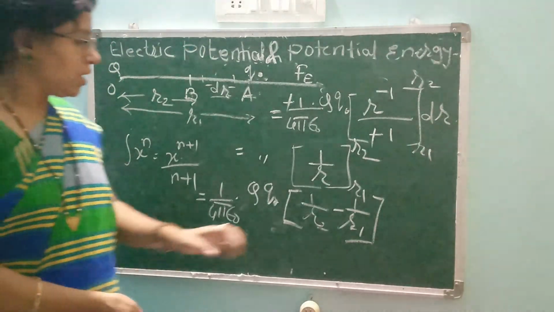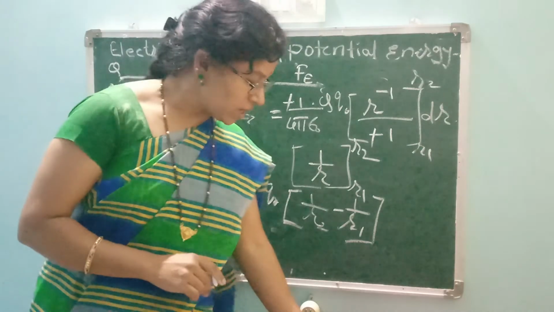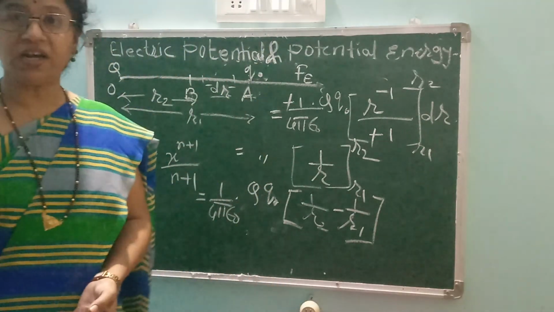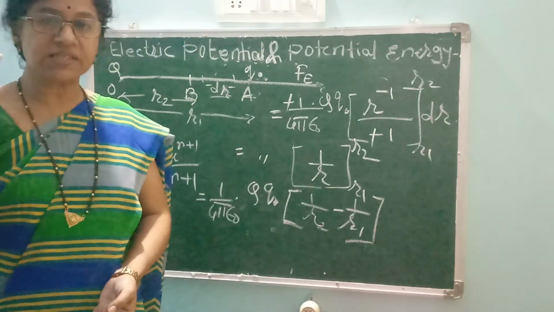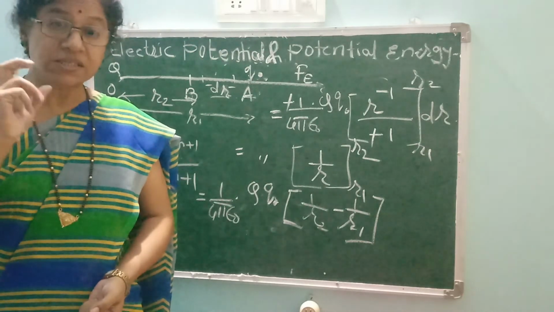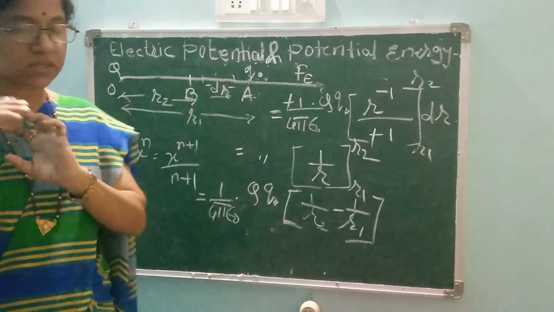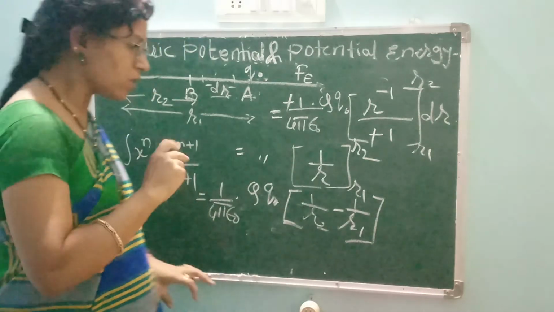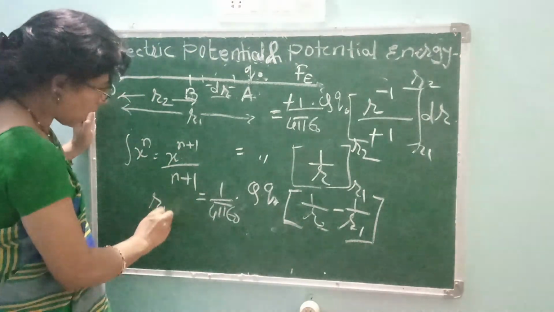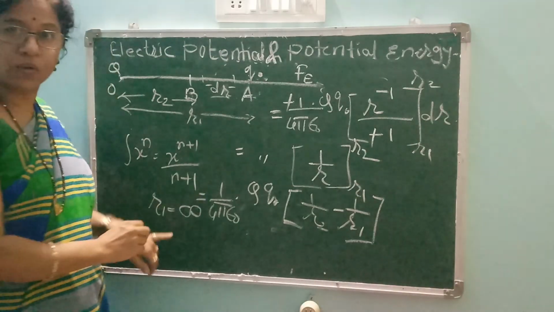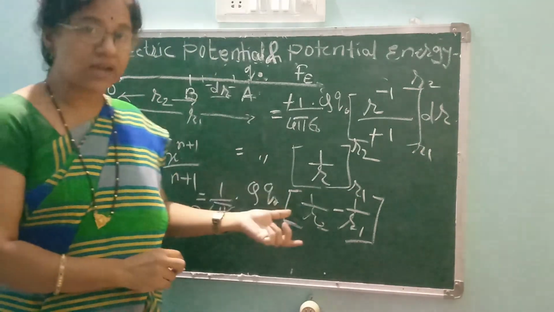Now students, initially I told you that the charge is at the infinity, and that infinity place if you are taking as zero potential energy, that means the electrostatic force is zero, and for that we are taking r1 as infinity. Okay, and that 1/r1 we are saying is zero.